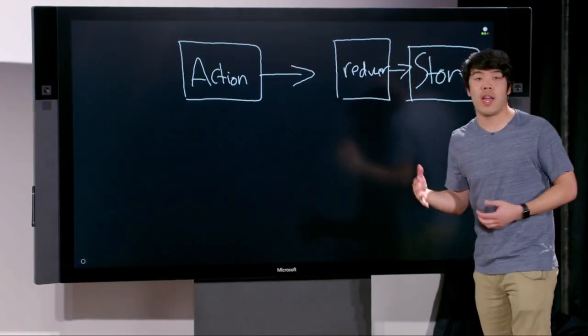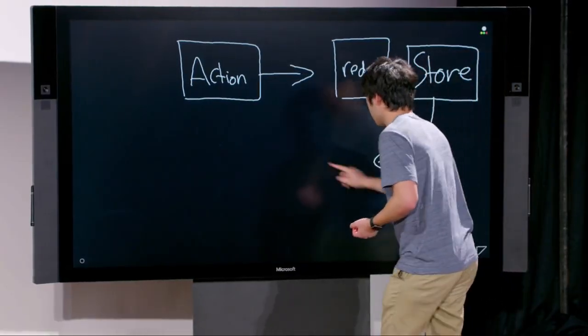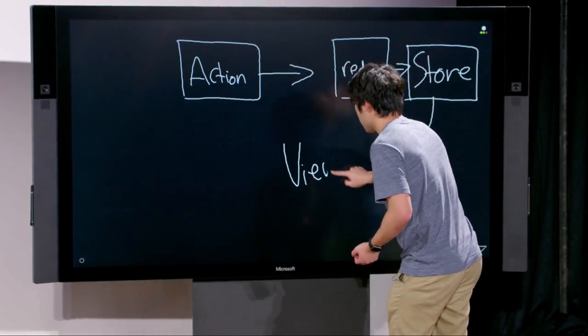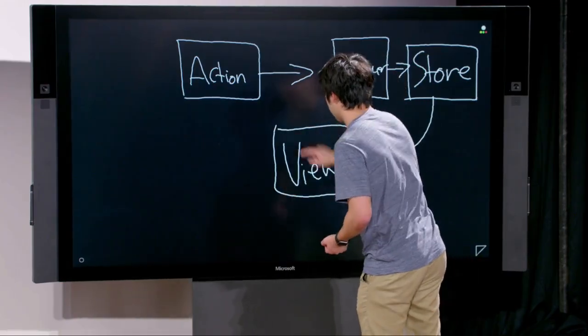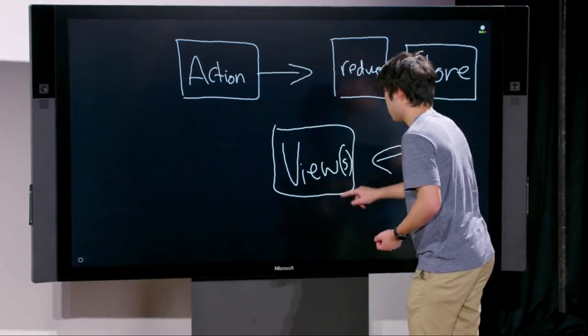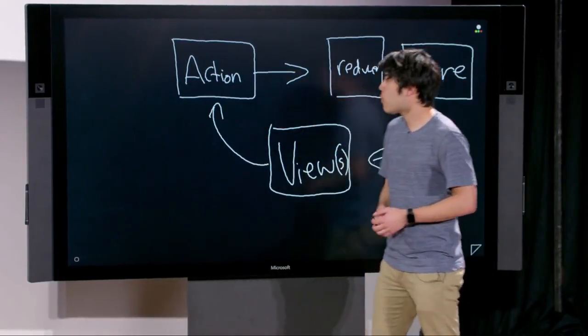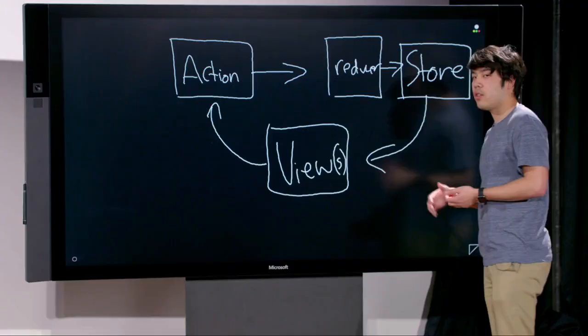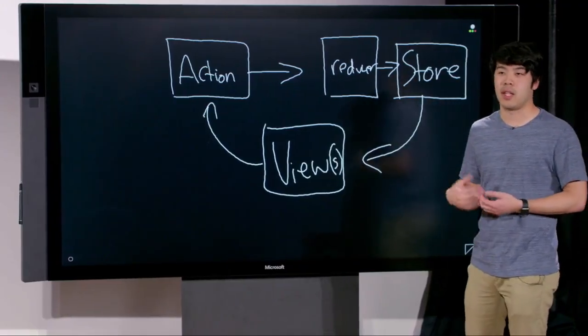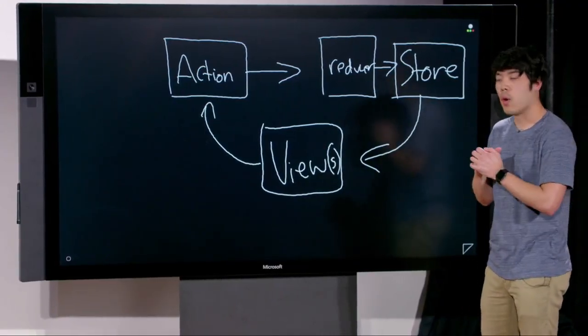And from the store, any views will update. And then from those views, we might kick off another action. And so in this model, we're going to have to extend it with some sort of asynchronous ability. Where might we want to do that?